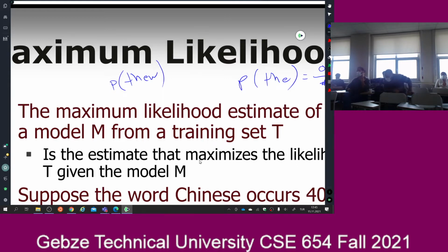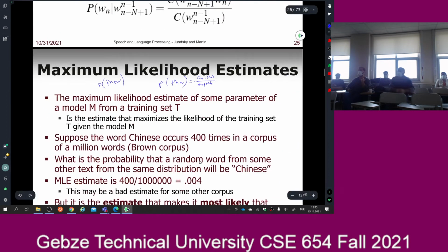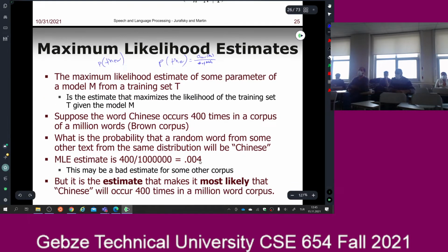using maximum likelihood estimation? It depends on your corpus. If this word did not happen before, if you did not see it, it is going to assign a probability of 0. That doesn't mean that there is no chance that you are going to see this word, because this word exists in English. It's only a very rarely used word.